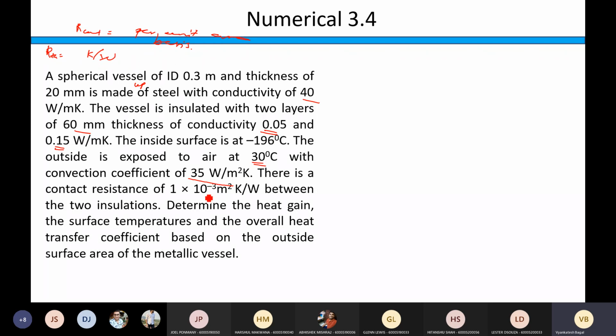But you will find the unit given for the contact resistance is meter square Kelvin per watt. This indicates the value is given per 1 meter square of area. If you divide this by meter square, you will get the same unit. So remember that the contact resistance is specified on a per meter square basis. Is it clear? Then, is it clear how the contact resistance is specified?